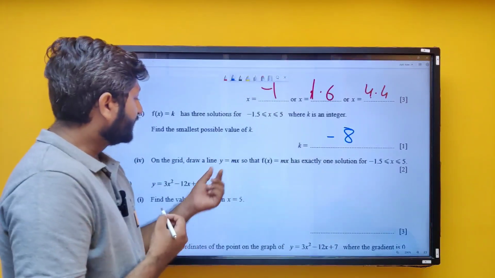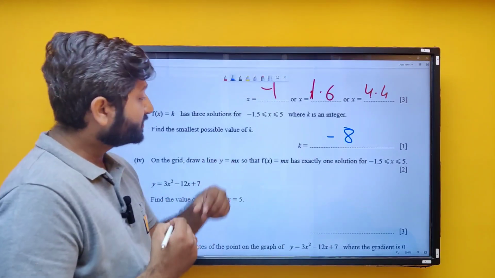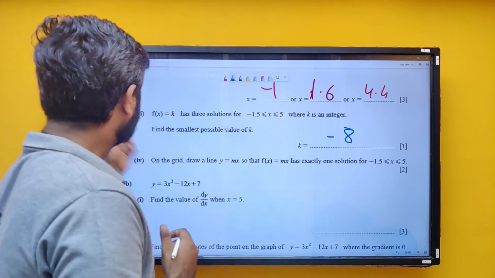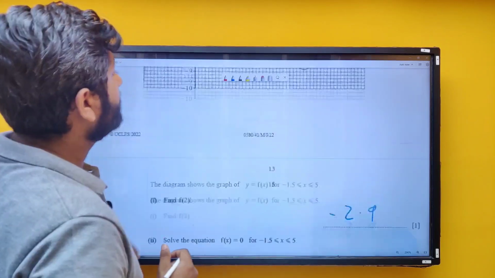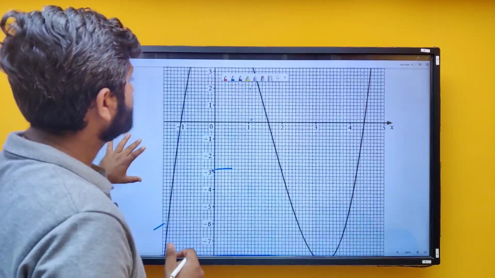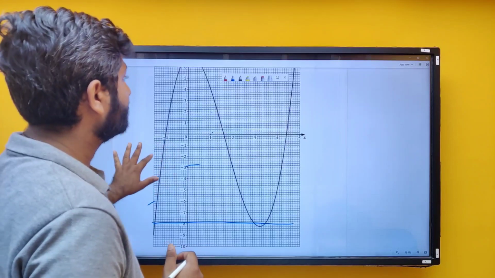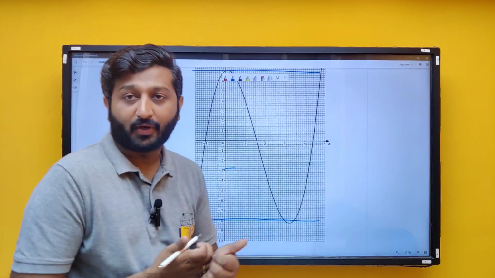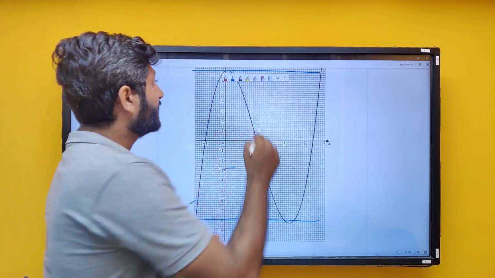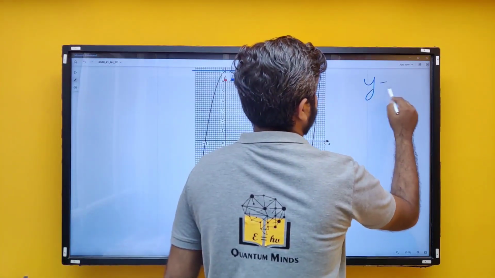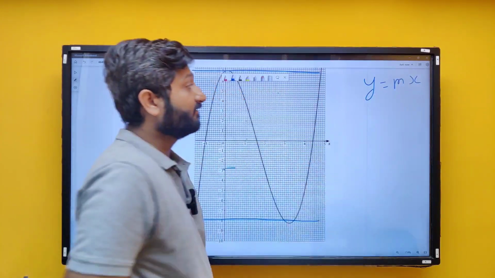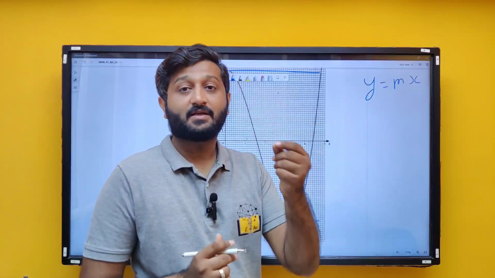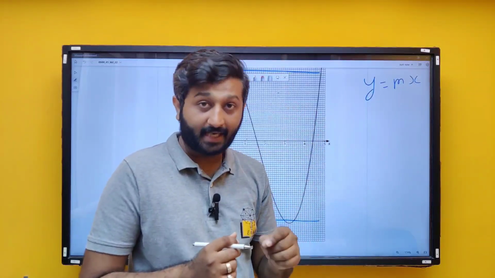On the grid, draw a line y equals mx so that f of x equals mx has exactly one solution. So I am supposed to draw a line y equals mx that should have exactly one solution. One solution means it should intersect at only one point, right? But the graph is of y equals mx, so the y-intercept is 0, which means this must pass through the origin.